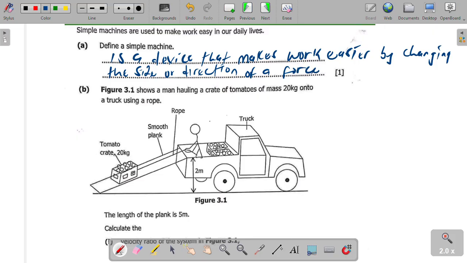So this is the definition of a simple machine: a device that makes work easier, by changing the size or direction of a force. So here you have your 1 mark there. Okay, we continue.